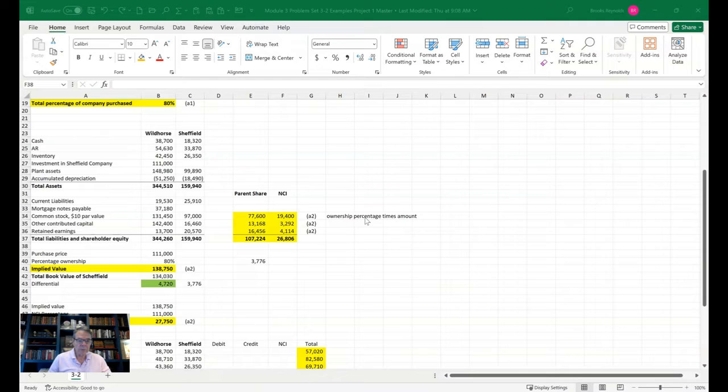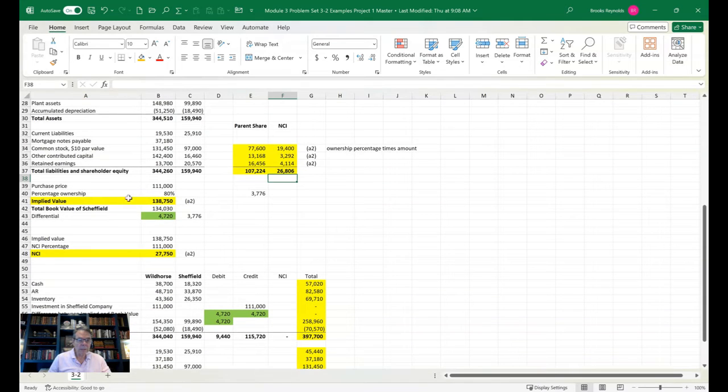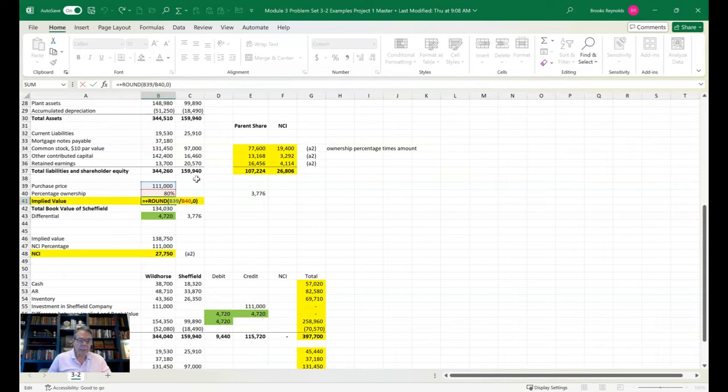All right, so again, if we bought 80% for $111,000, you can see that the implied value is that amount divided by 80%, so $138,750. The total book value is $134,030, so that means that the differential is going to be $47.20.